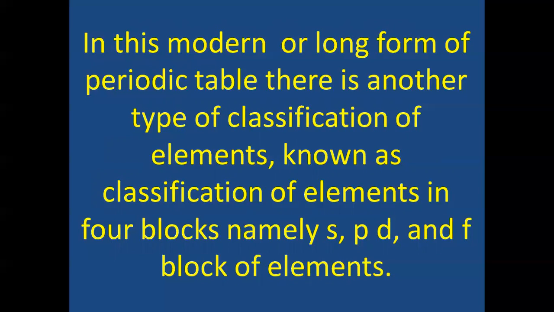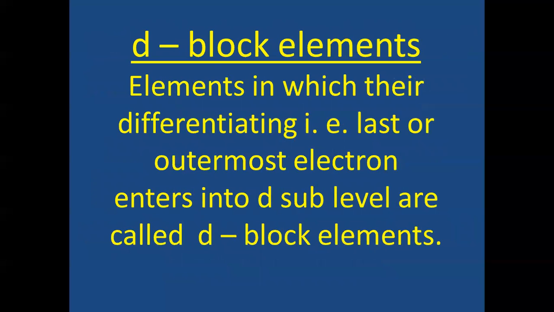It is on the basis of the last or differentiating electron of a particular element which enters into the particular sub-level. For example, if for a particular element, last or differentiating electron enters into S sublevel, that will be called as S block element.